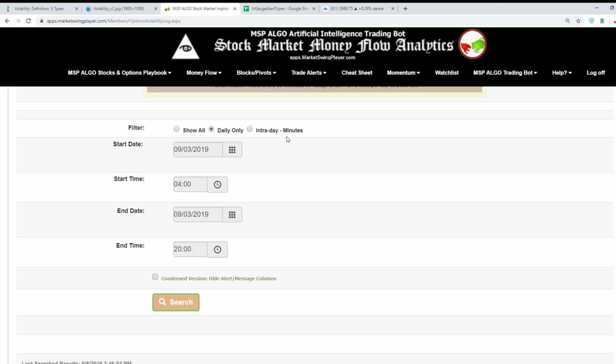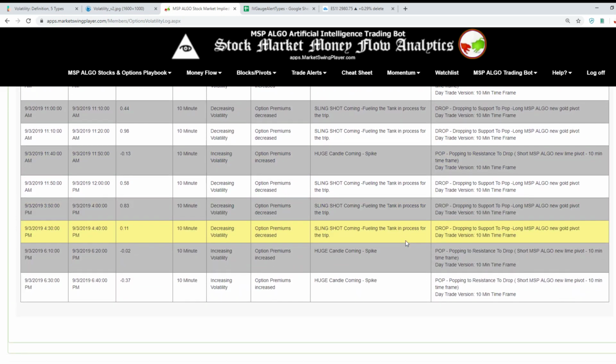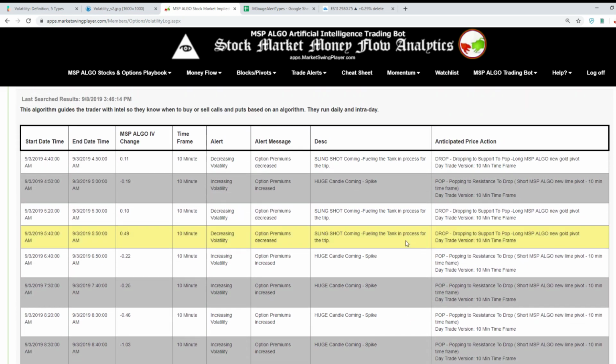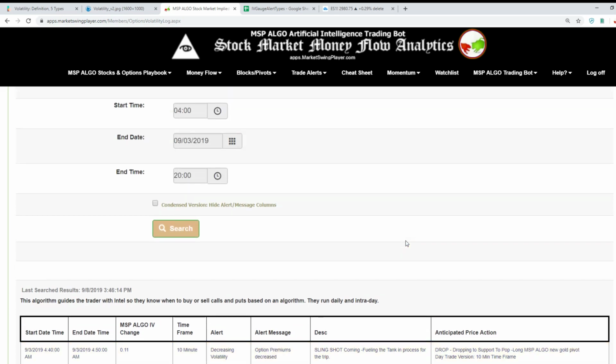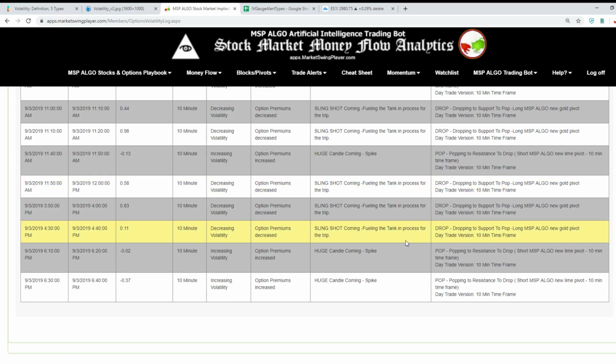If you want to do an intraday like we had previously, we know we're searching between the hours of 0400 to 2000, and those are the transactions. That's for just the intraday.